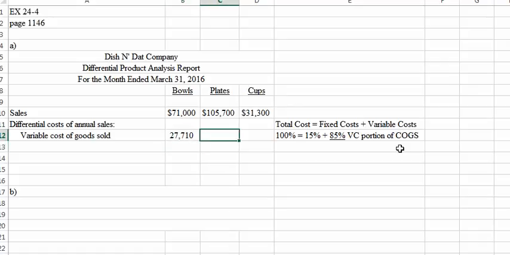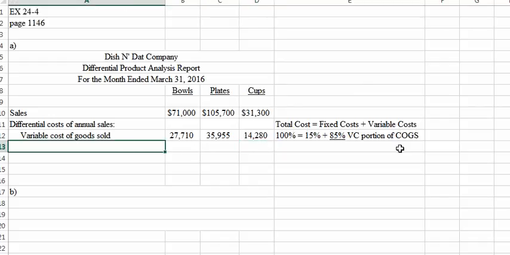For plates, it's 42,300 times 0.85. And then for cups, it's 16,800 times 0.85. And that gives us our variable cost of goods sold. Okay, we also want to determine variable selling and administrative expenses.